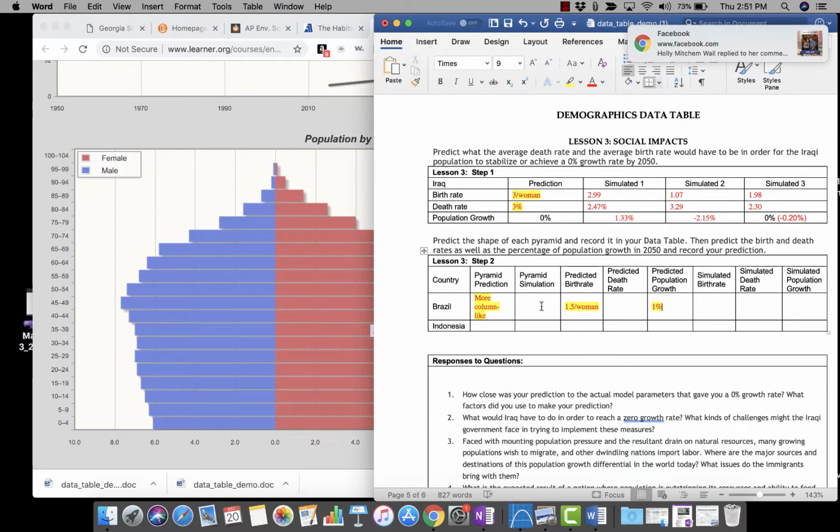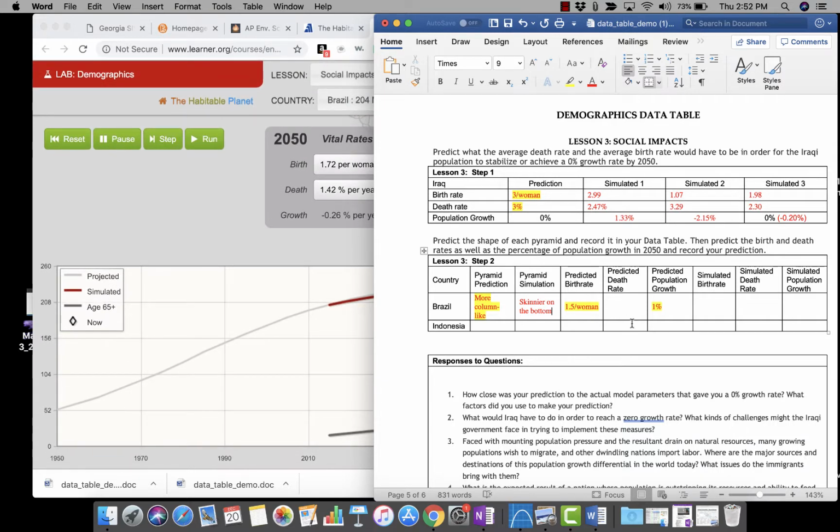Okay, the pyramid is becoming kind of like a column, but it's getting skinnier on the bottom. The death rate is 1.42. Ooh, I didn't do that. I'll go back to it. The simulated birth rate was 1.72.